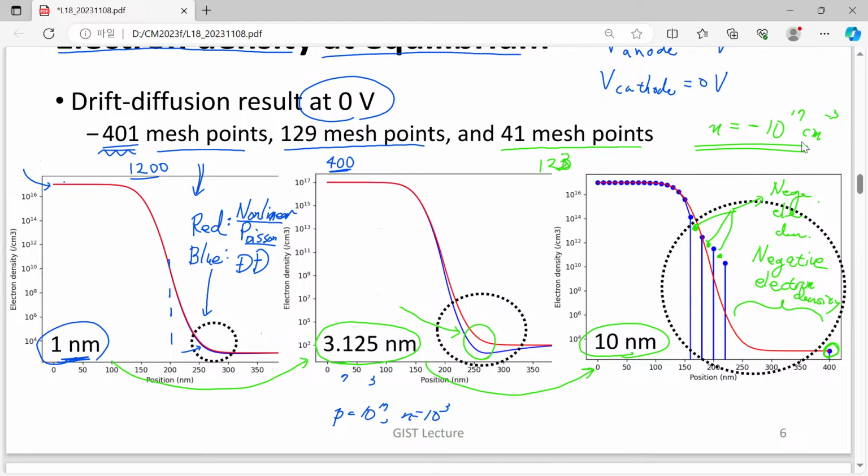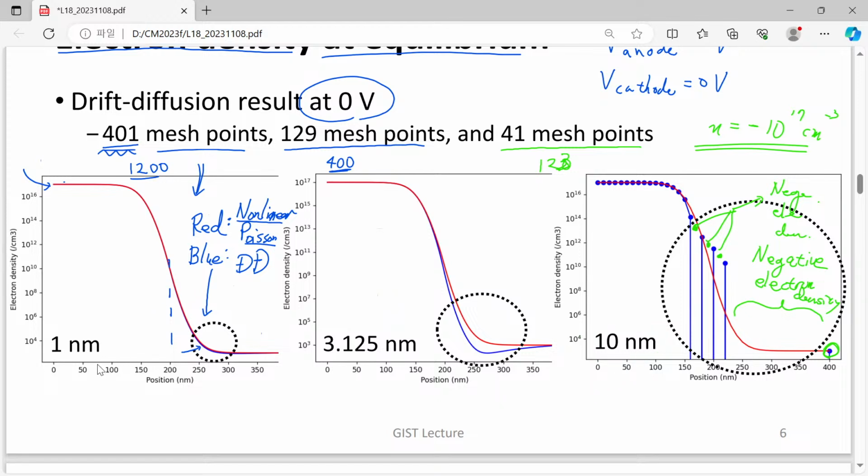Okay, so now let's think about this case. Why do we have this kind of failure? What is the main cause? It is quite obvious. When you increase the step size, the spacing between your two points, you introduce something into your drift diffusion simulator, and it cannot respond properly.